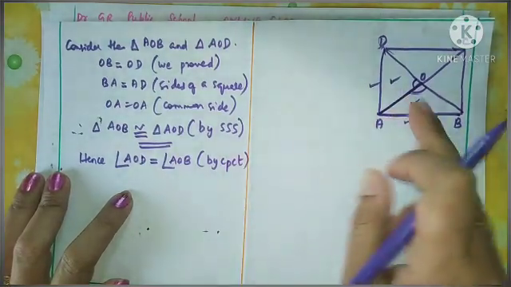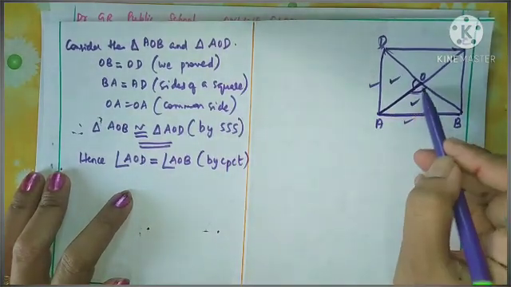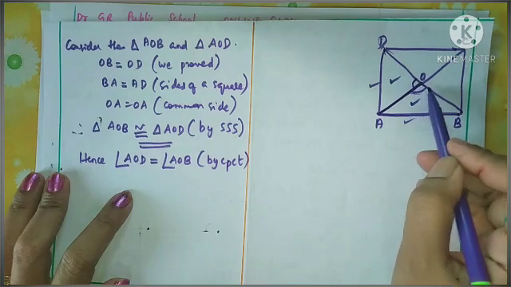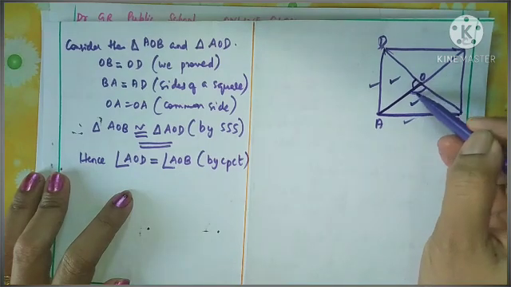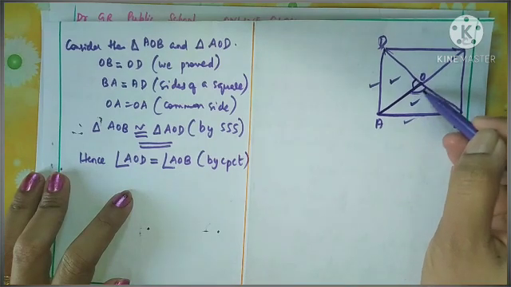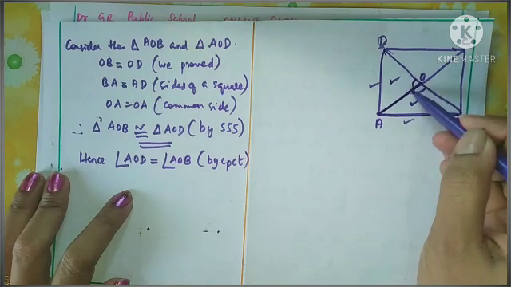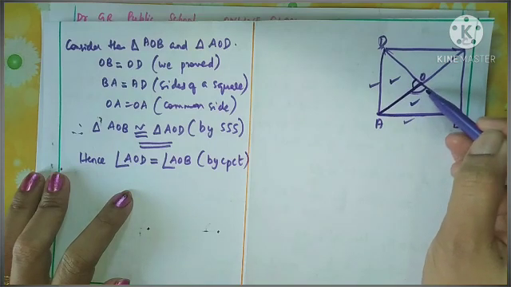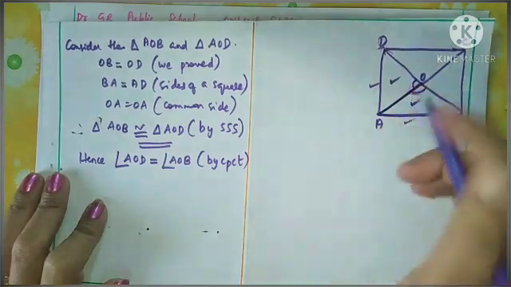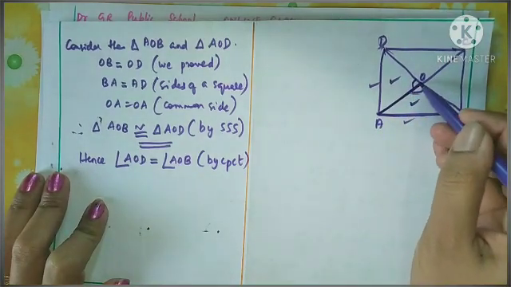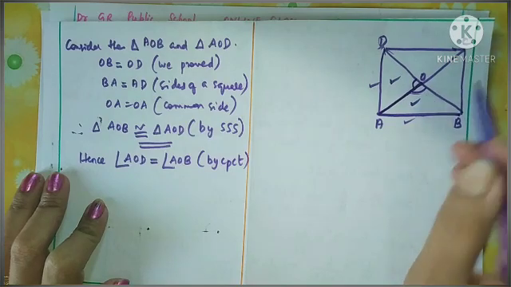Now you come to the figure again. These two angles are equal, we proved. Now see, these two angles form a linear pair. Their sum is 180 degrees. Understand? Yes. Because we want to prove they are 90 degree right angles, we are applying the linear pair property.